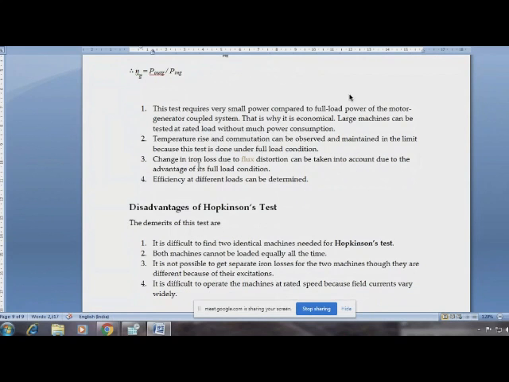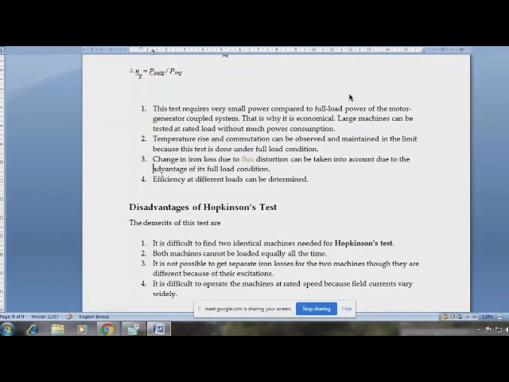Then, the change in iron loss due to flux distortion can be taken into account due to the advantage of full load. Since the test is on full load, whatever the change in the iron loss due to flux distortion from armature reaction, even that is taken care of here.